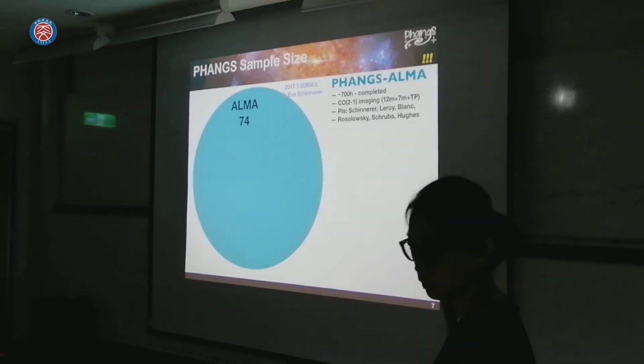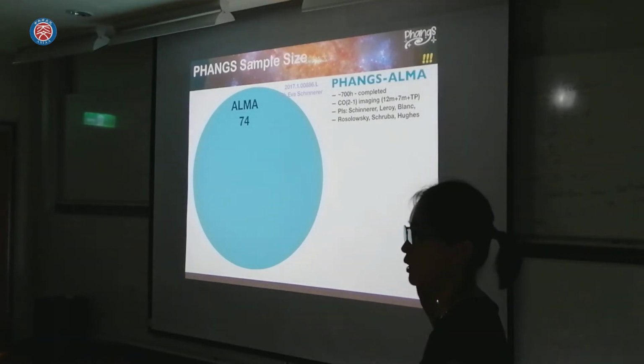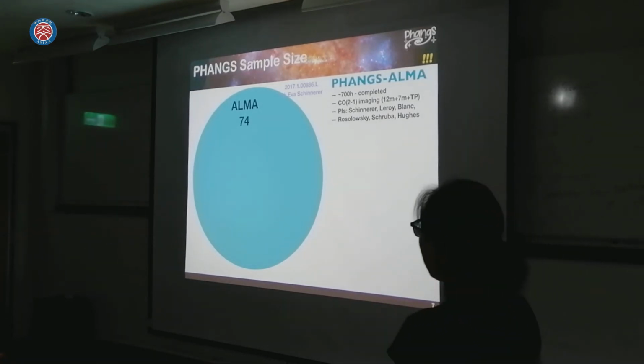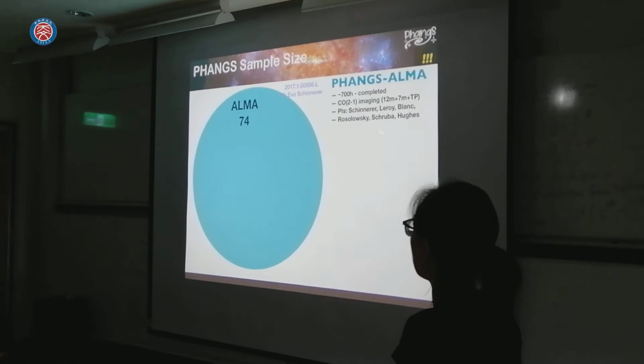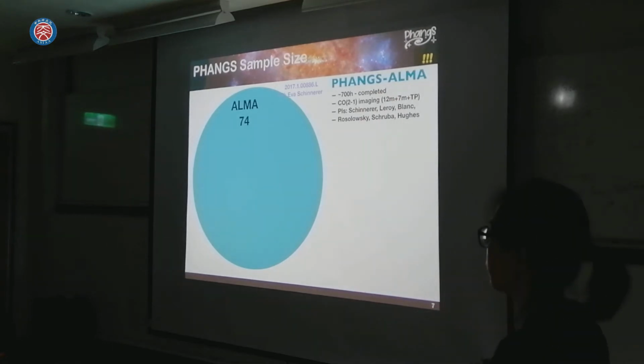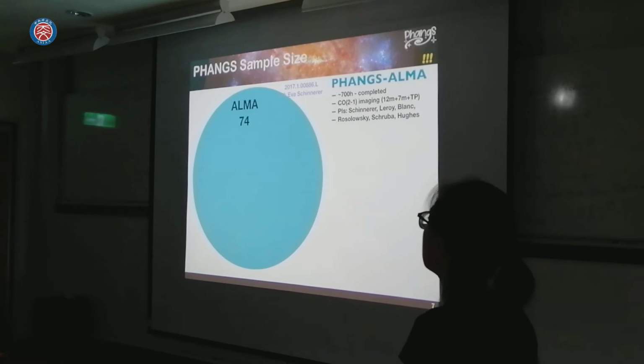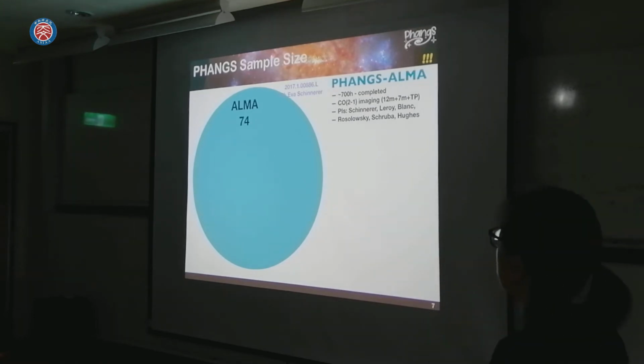This is the original sample, but we decided to increase the sample size from 74 to 90 by including galaxies from the PHANGS-ALMA pilot projects. So eventually the total number of galaxies is 90, and we will release the 90 galaxies very soon.